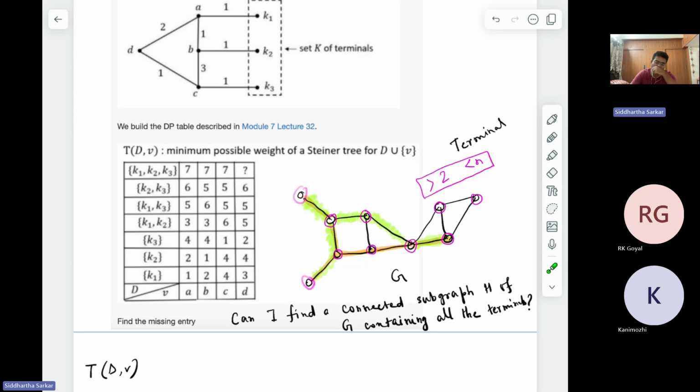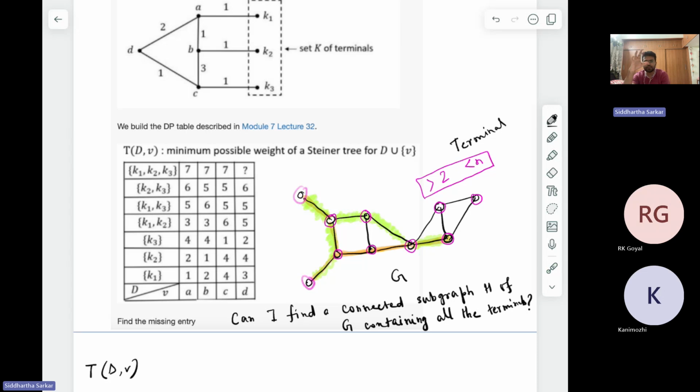But the connectivity among the terminals is not there fully, so there is some non-terminal via which you must traverse to ensure that the terminals get connected. So it is natural to ask what non-terminal will help us the most for ensuring connectivity among the terminals.